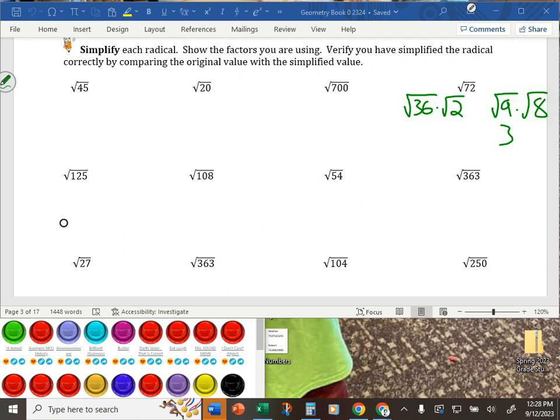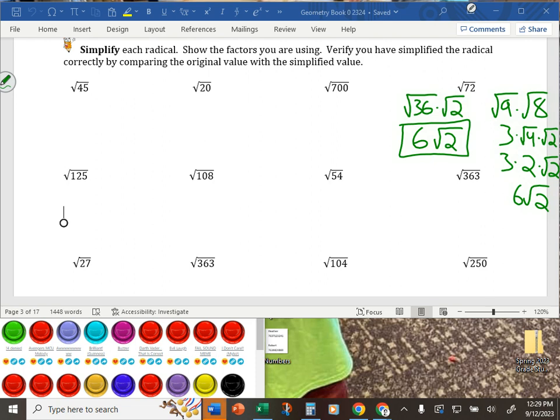So in this case, root 36 giving us 6, and then the root 2, that gets us to simplest form in one step. Root 9 times root 8 would be 3 times root 4 times root 2. The root 4 equals a 2, and we do end up at our 6 root 2 in the end, but it's a little bit extra stuff. Whatever floats your boat.